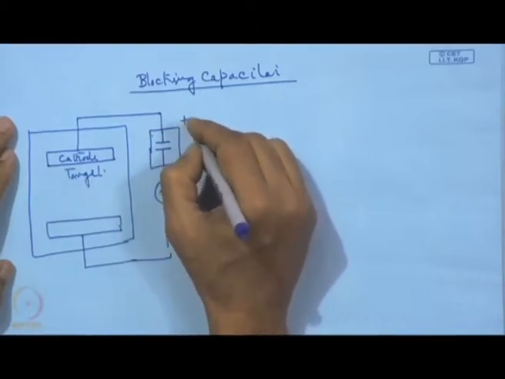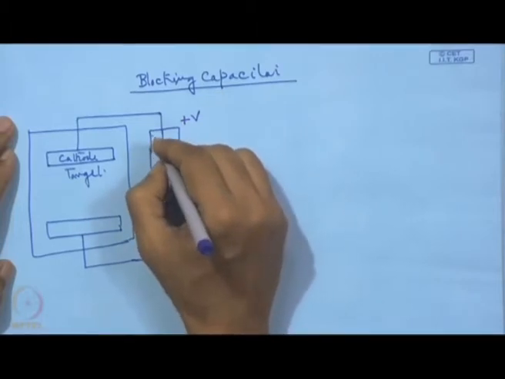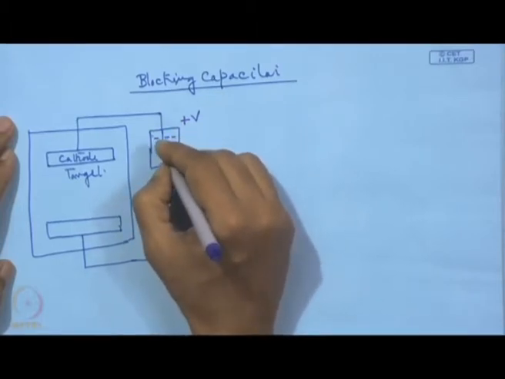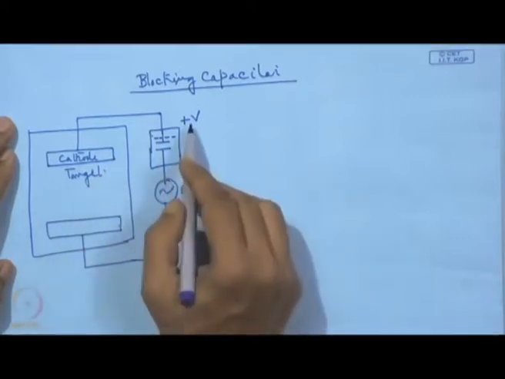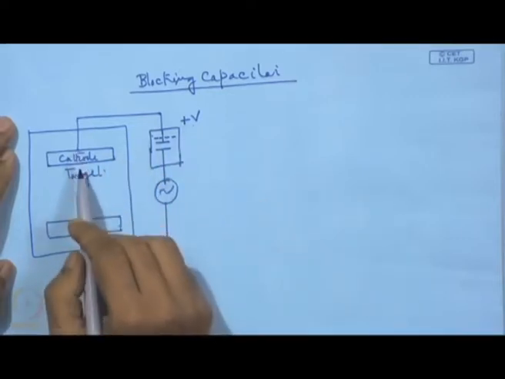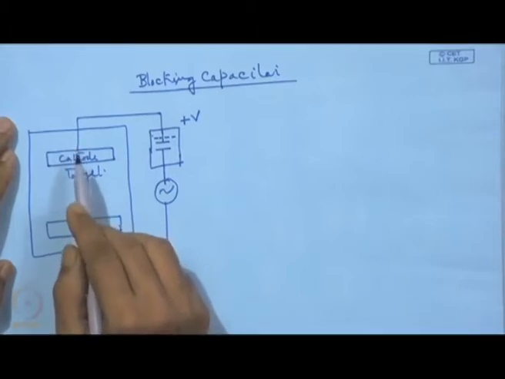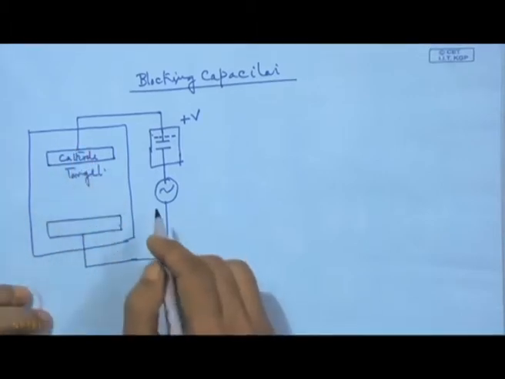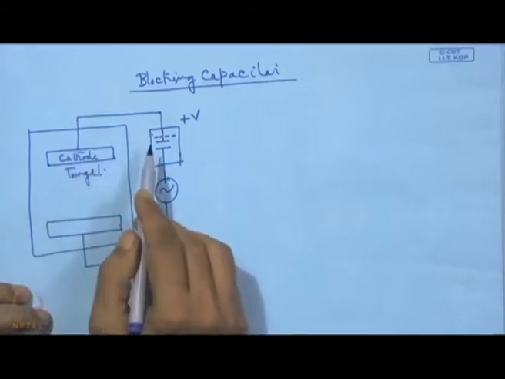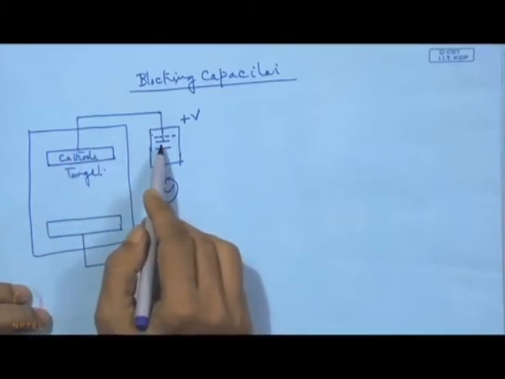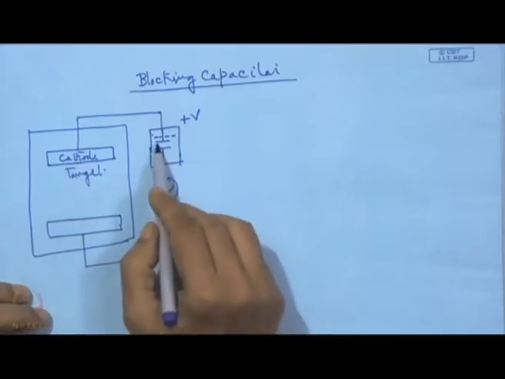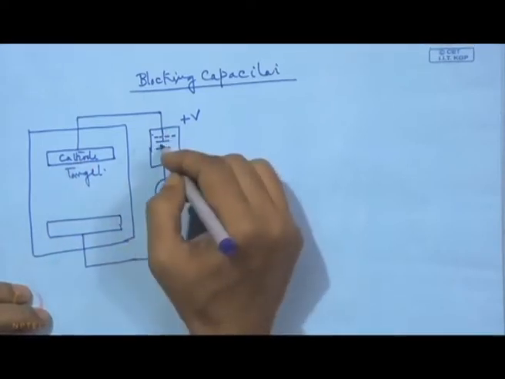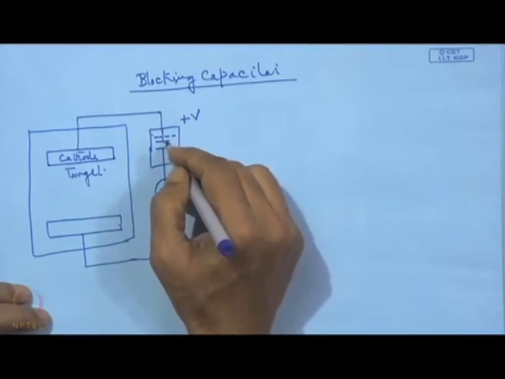In this case, when it is plus V, we have here accumulation of negative charge. The reason is that when it is positively polarized, it will draw a huge amount of electrons in comparison to the ions in the next half cycle, and as a result the upper plate of this capacitor will be negatively charged.